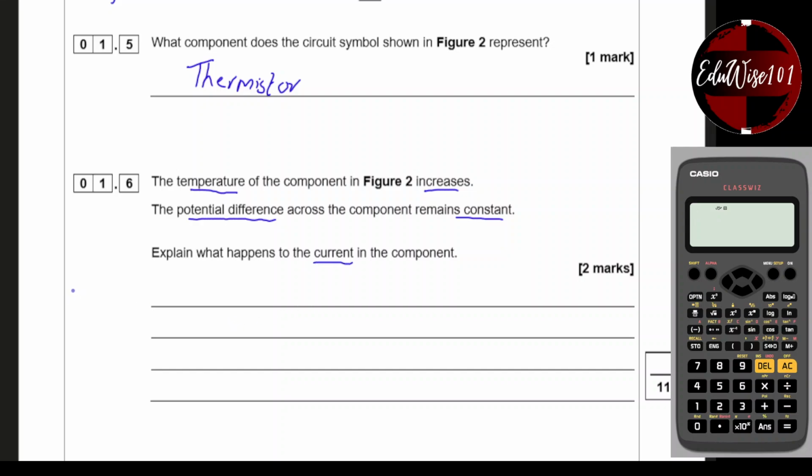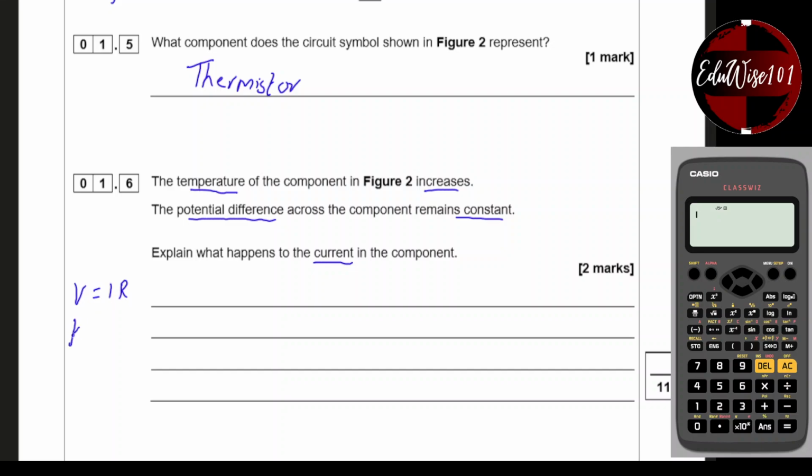Now think about the equation V equals IR. If this is constant, let me write it as K. V equals IR.